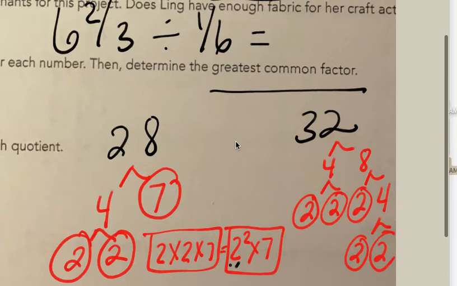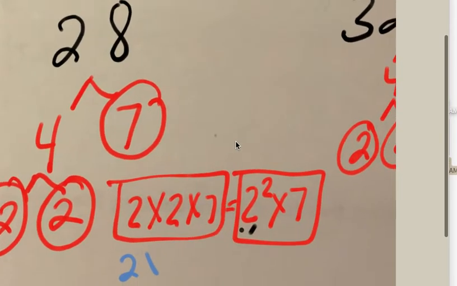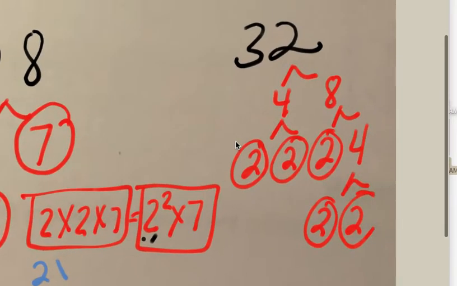So if I was writing the product of my prime numbers for this one, I'd write it as 2 times 2 times 2 times 2 times 2. And what does that equal? If I wrote it with exponents, it would be 2 to the 5th power.